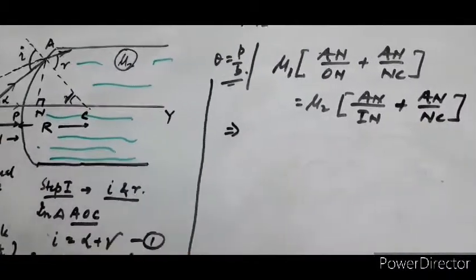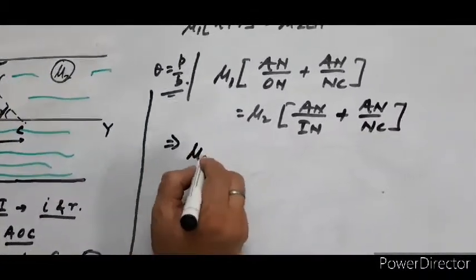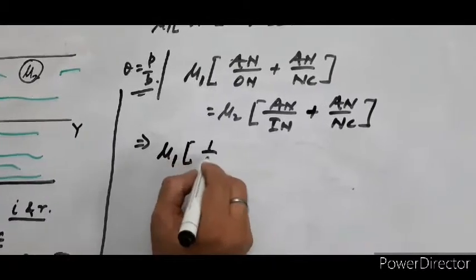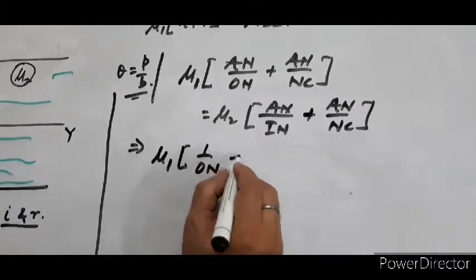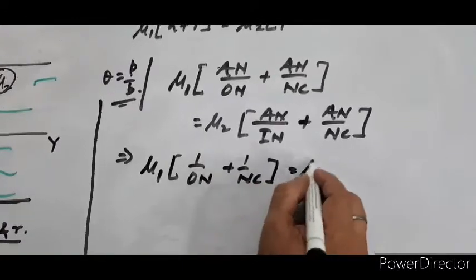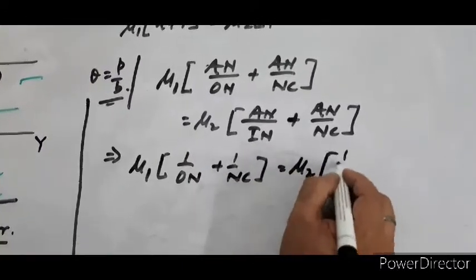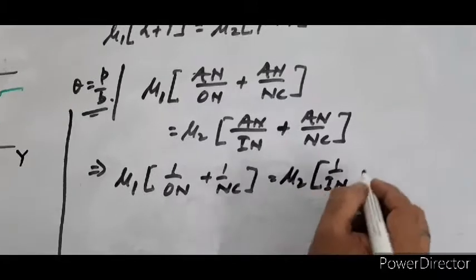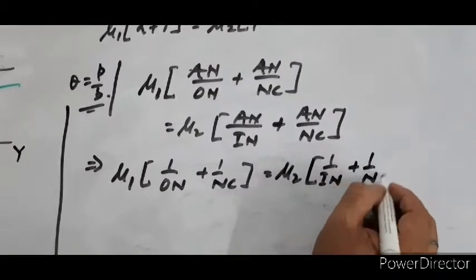AN is common, it cancels out. So mu1 times 1 by ON plus 1 by NC is equal to mu2 times 1 by IN plus 1 by NC.